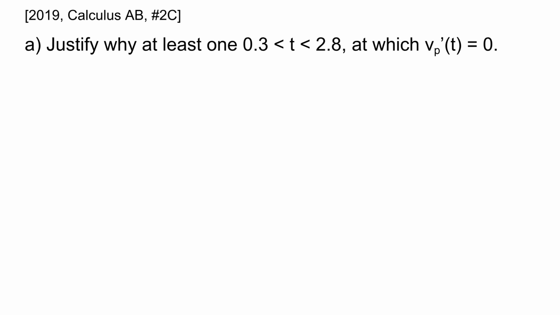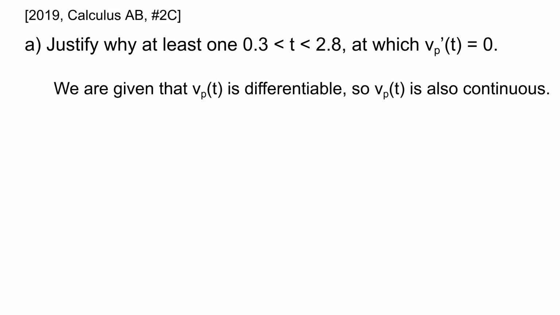In part A of this question, we are asked to justify why there must be at least one value of t between 0.3 and 2.8 at which v sub p prime of t is equal to 0. So in the question stem, we're given that v sub p of t is differentiable. This allows us to conclude that v sub p of t is also continuous.